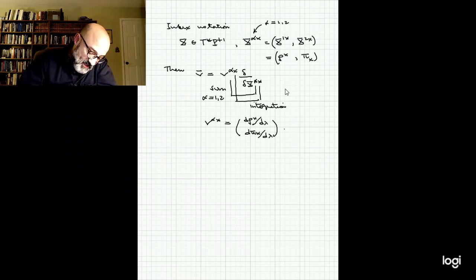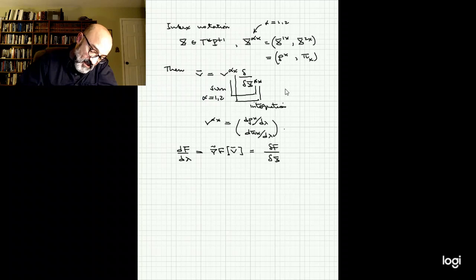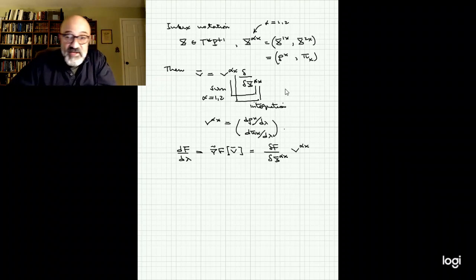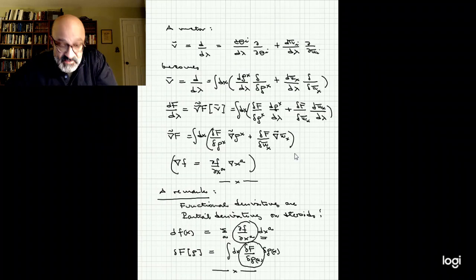The gradient, the directional derivative, is the gradient of f, the covector acting on the vector v. And this is what we are going to write as df over dx alpha x multiplied by v alpha x, summed over alpha, summed over x. And that expression is exactly the one that appears here. The summation over x is an integral.